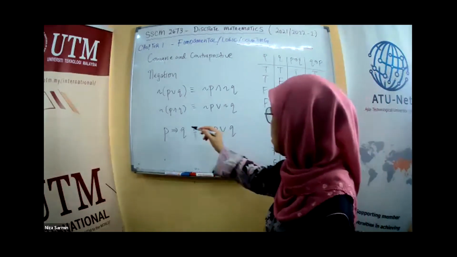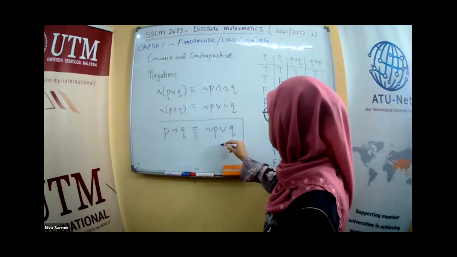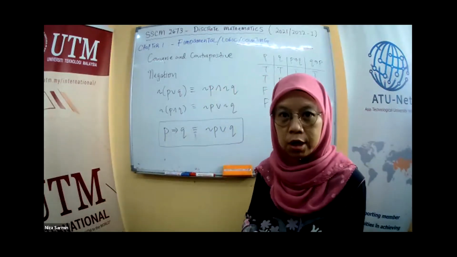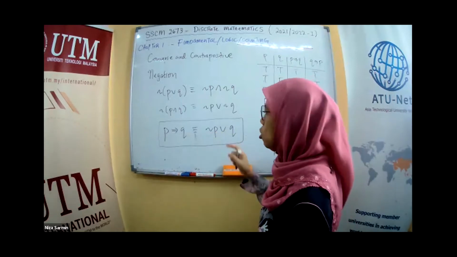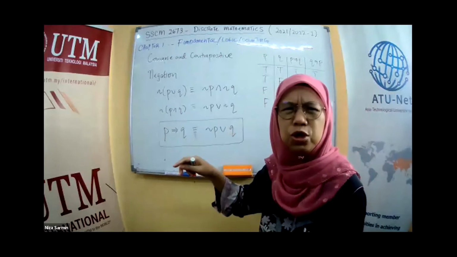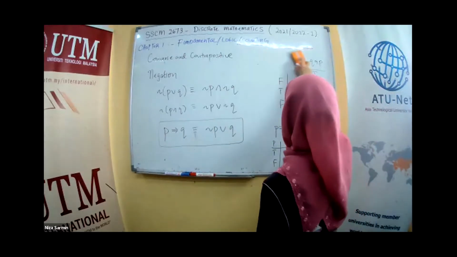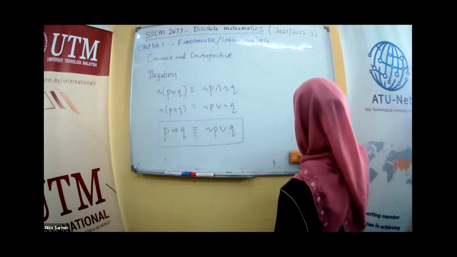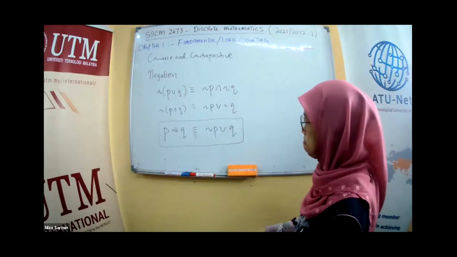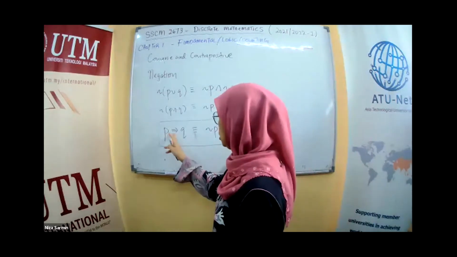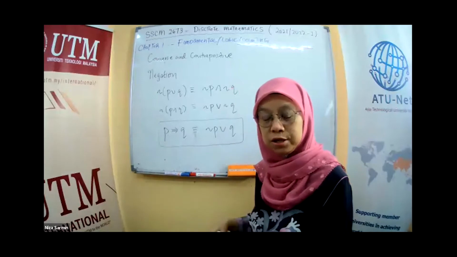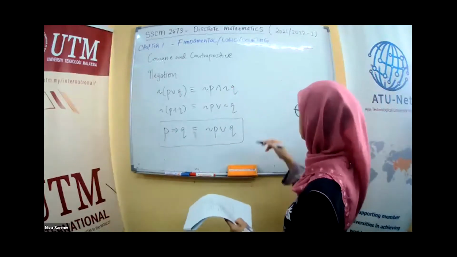Okay, this one is very important. P implies Q is not P or Q. I'm sure you still remember this from your set theory and logic. Because sometimes you need to change the implication in terms of disjunction, conjunction, and negation.